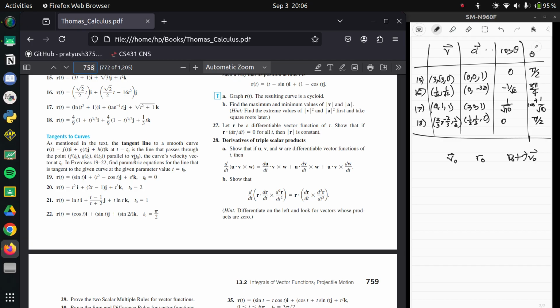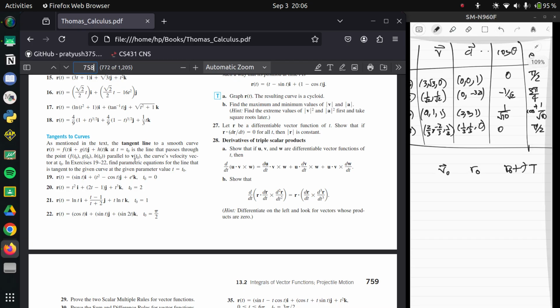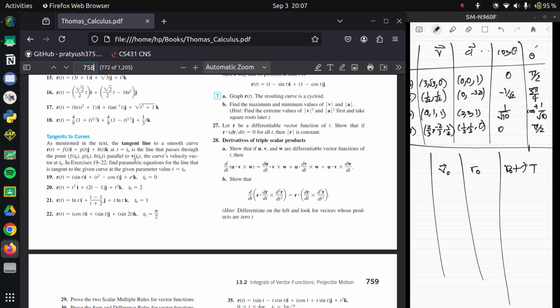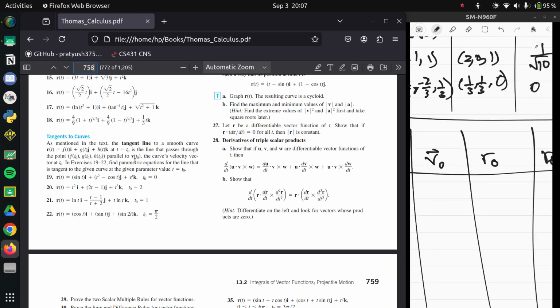I'm calling it capital T, but don't be confused by that, because it's really just supposed to be anything collinear to the v naught vector. Okay, cool. So let's get started. First, 19th. So your r at 0 is just 0, minus 1, 1.